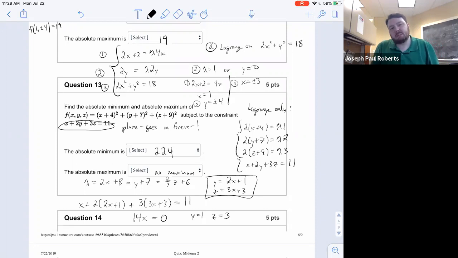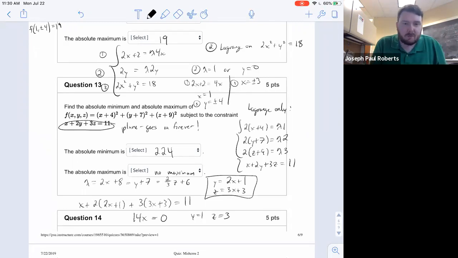Again, if you weren't sure whether this was the maximum or the minimum, you could have just plugged in any other point on this equation. So like, for example, that whole million minus a million thing, or recognizing the distance from a point to a plane.